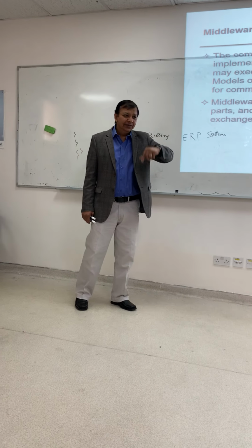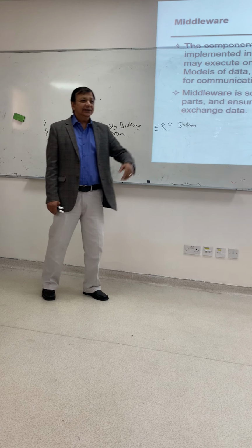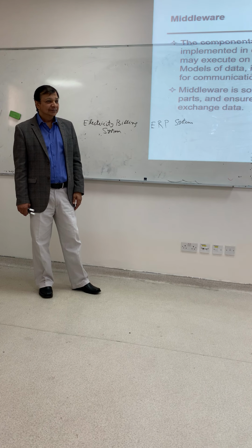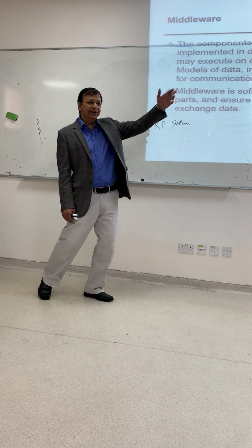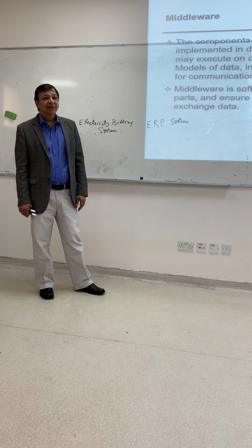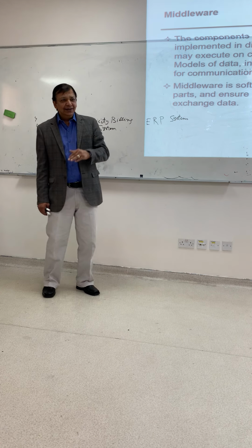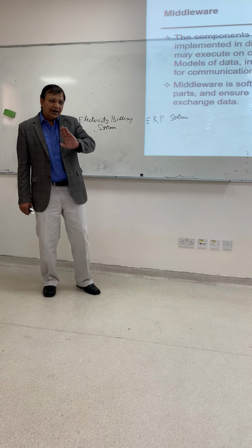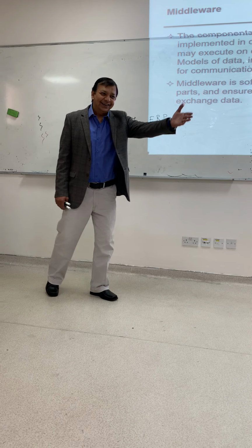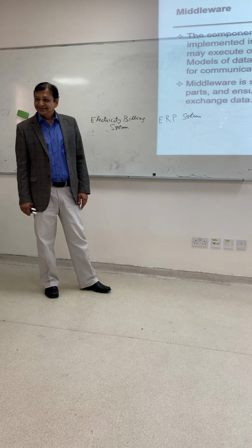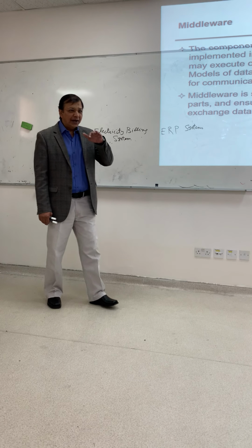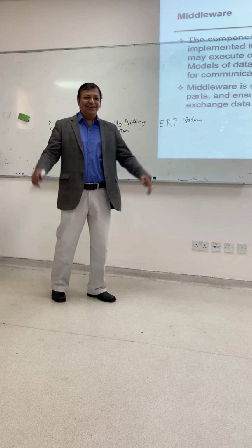Inventory is connected with the supply chain management system and the customer relationship management system. So as items run short in inventory, the system can automatically order from the supplier or the vendor to supply the items to maintain the stock.